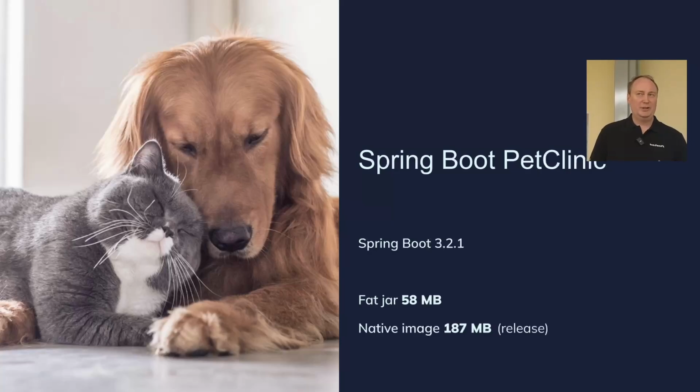So native images are bigger than jars, but we also need a JVM to run the jar, so we need a JRE, which adds some, but not that much. In case of the JRE, it will be less than 100 megabytes. So combined, it will be less than the native image.